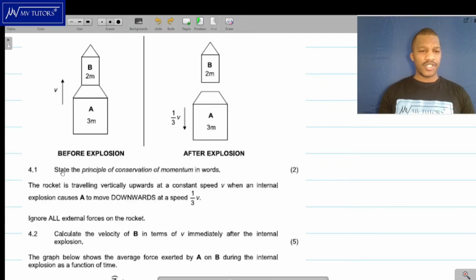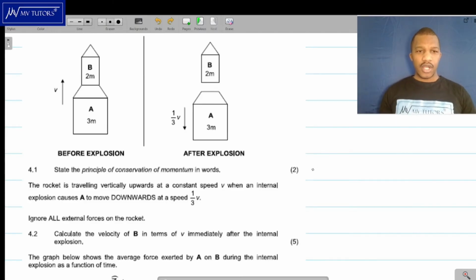Now the first question is, state the principle of conservation of momentum in words. Okay, so this is just theory work. You should know this already, but in the event that you don't know, let me just write it for you.